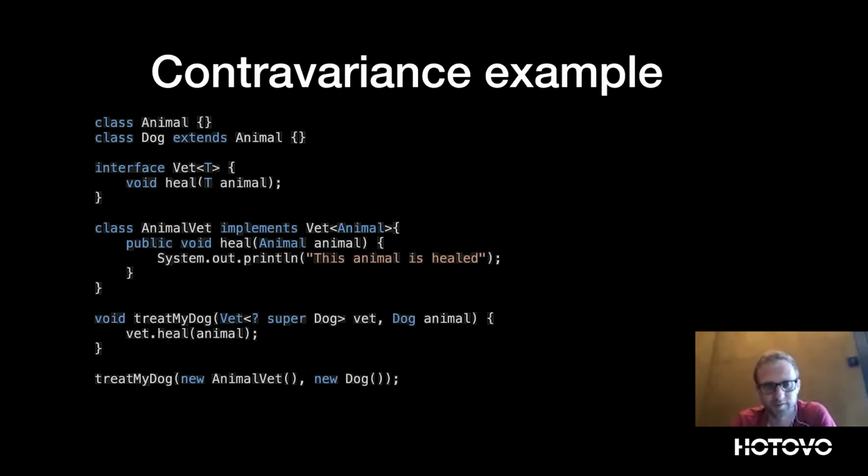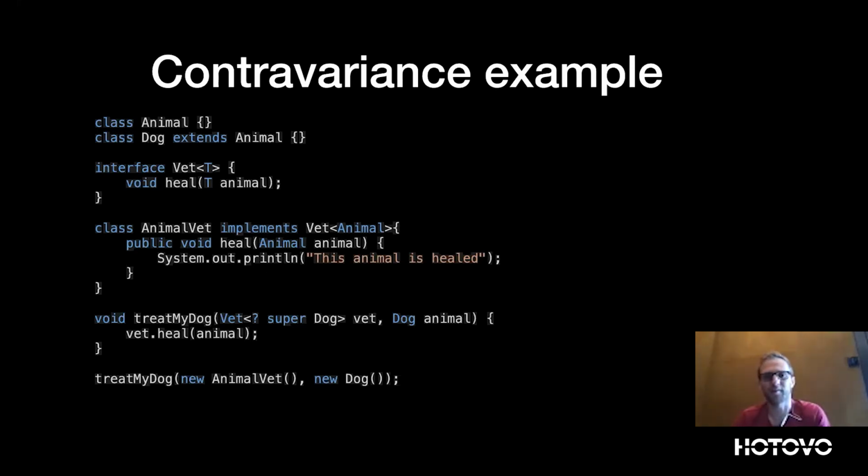And this is just an interface. Let's have an AnimalVet that implements Vet with the type Animal. So it can heal any animal. Now we want to treat our dog. Our dog is sick. And you can take the dog to a dog veterinary, which would be super because, of course, a dog vet can treat dogs the best.